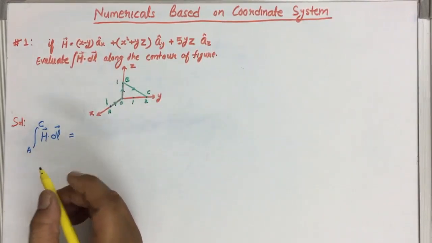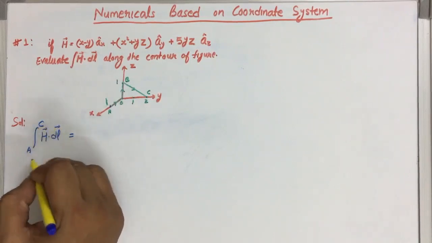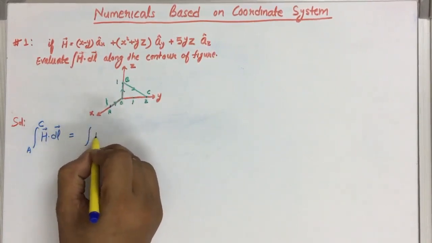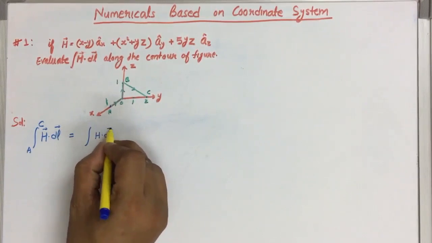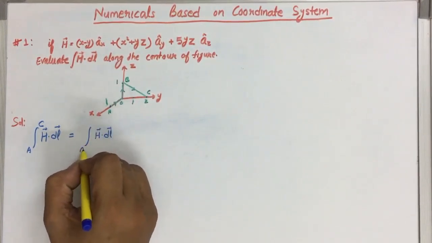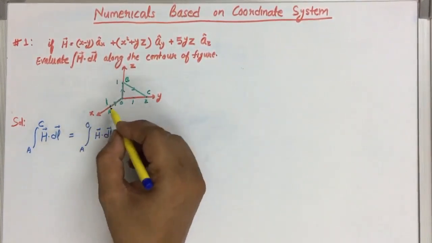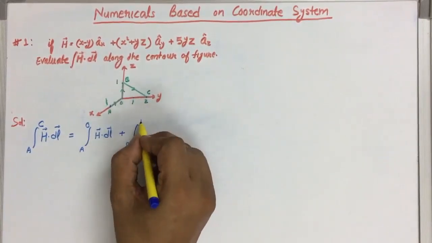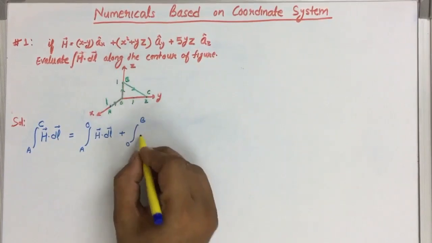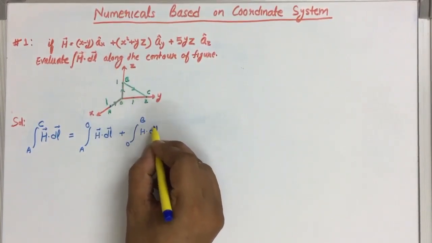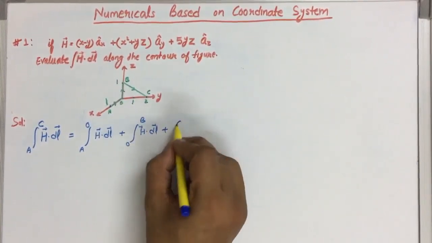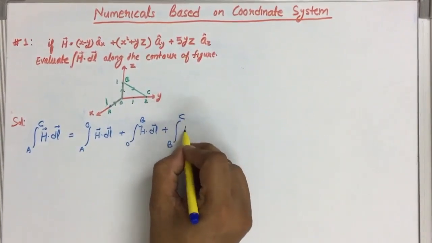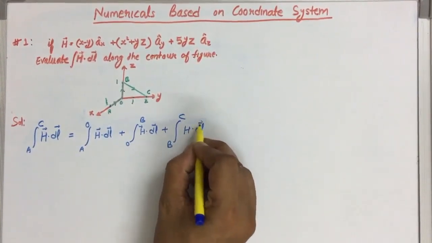If we simplify this further, we can write H dot dl from A to O, then from O to B, H dot dl, plus B to C, H dot dl.